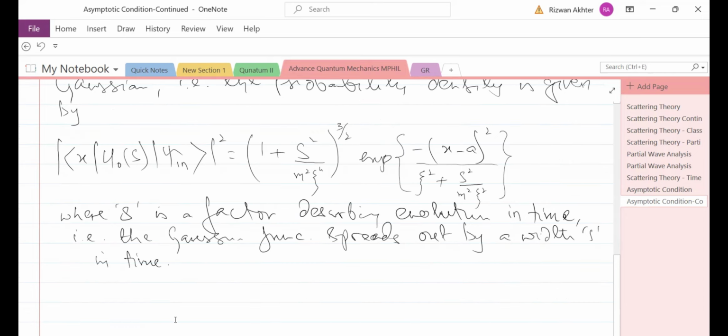In our case, we would have this V, which is H minus H naught.